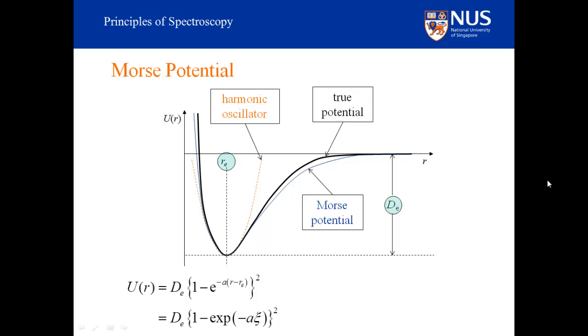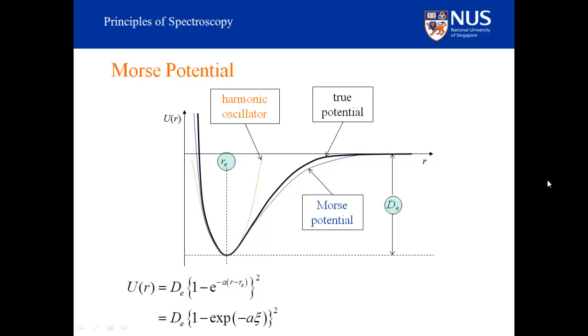At values of R less than R_E, the potential increases exponentially, which is an improvement over the harmonic oscillator. So the Morse potential has the properties we are looking for. It does have a dissociation energy associated with it, and it does have a minimum at R equal to R_E.